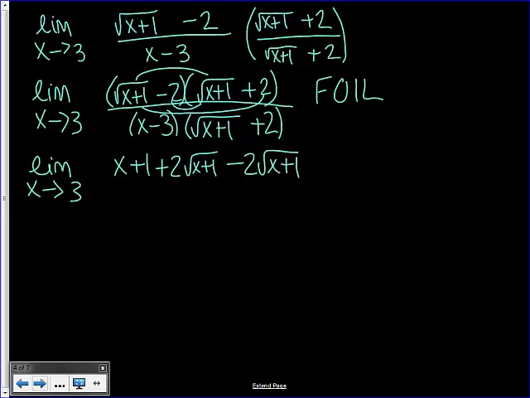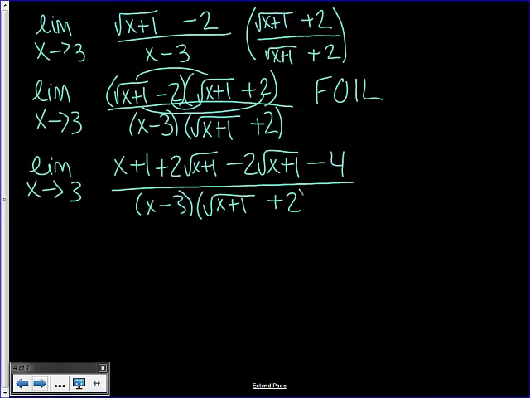Last, negative 2 times positive 2 is negative 4. All over, now we're just going to write this as it is, don't FOIL it. So x minus 3 times the square root of x plus 1 plus 2. Again, my positive and negative cancel.